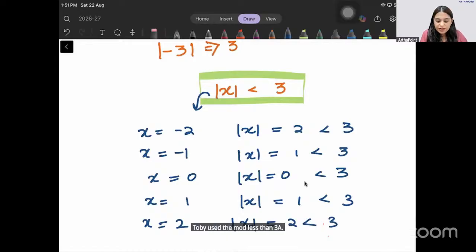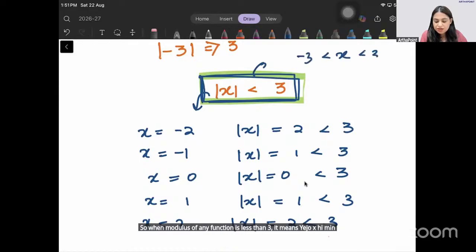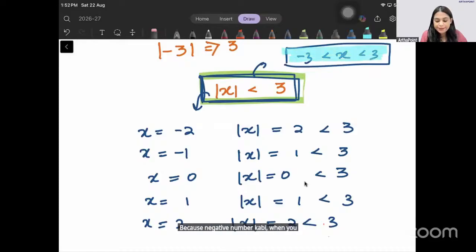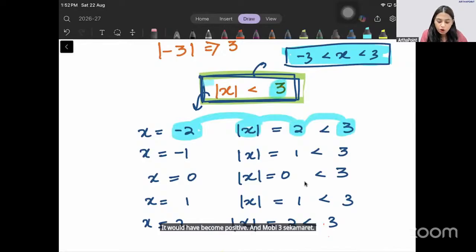So when the modulus of a number is less than 3, it means this x will be between -3 and 3. Because when you find the absolute value of a negative number, it becomes positive, and that is also coming out less than 3, right? So modulus of x less than 3 simply means that x is between -3 and 3.